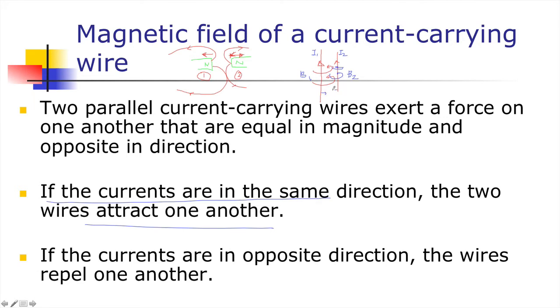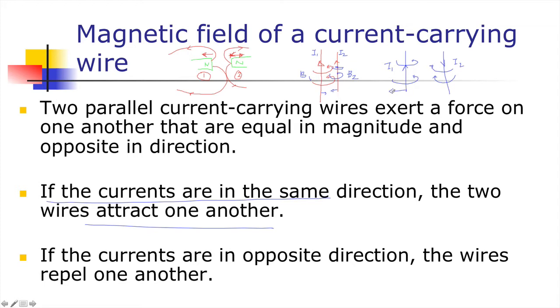If you have two current carrying wires and the direction of the current is opposite, then you'll have a magnetic field going in this direction in wire 1, and in wire 2 the magnetic field is going the opposite way.